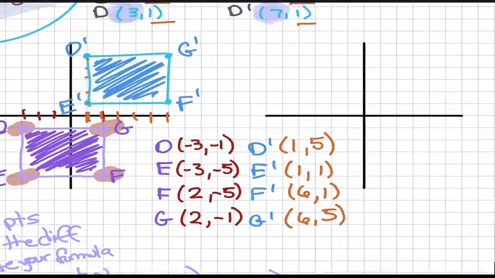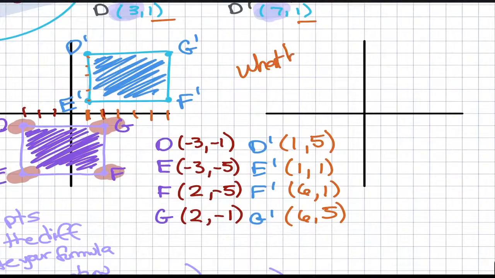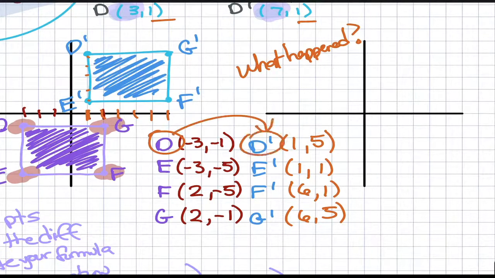Now remember, we're trying to figure out what happened. How did we go from the original one to the one in the future? Let's find out. I'm going to start with x. How do you go from -3 to 1, just adding and subtracting? Do you have to add to get from -3 to 1, or do you have to subtract?